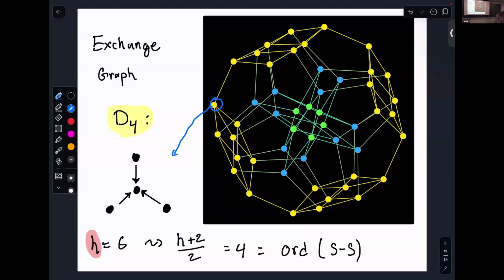You can maybe convince yourself that my source-sink mutation path, which involves 4 mutations, travels in a particular way. There are 3 different mutations I can do for the 3 different outside nodes.